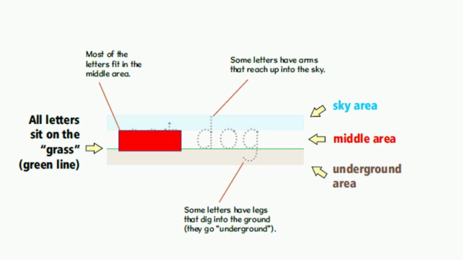First, I will teach you how to write the letter O, which fits in the middle area with no legs or arms. And later we will learn how to write D and G, where D has an arm which touches the sky and G has a leg which touches the ground.